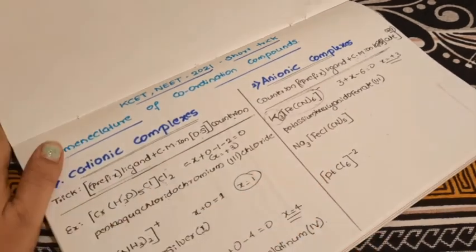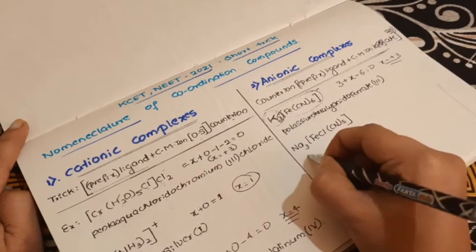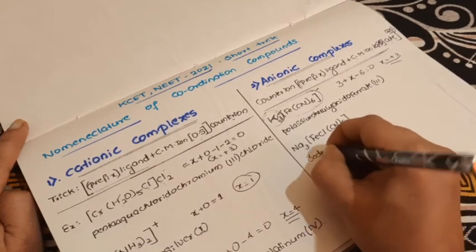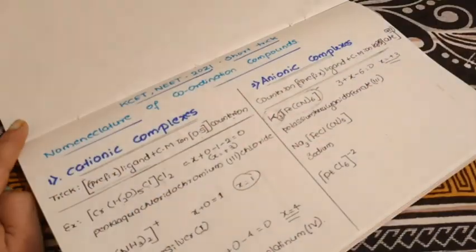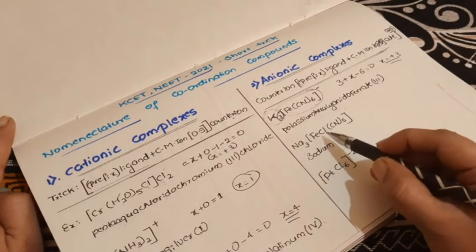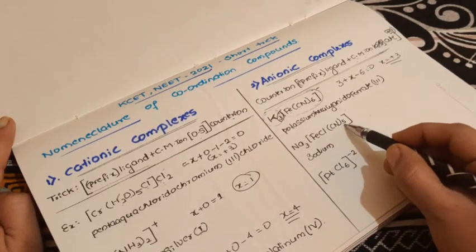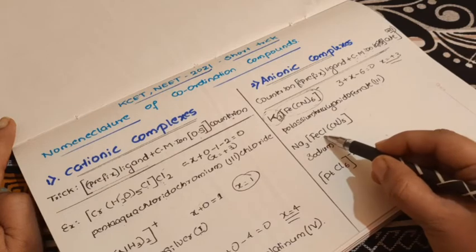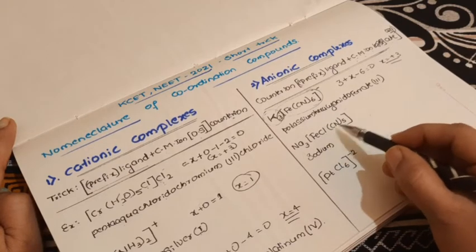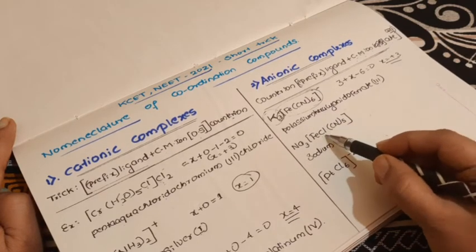Similarly, you can nomenclate this one. Here we have sodium as a counter ion, so write sodium. Then we have 2 different ligands: 5 cyanido and a chlorido. Alphabetically, which will come first? Here it is chlorido.